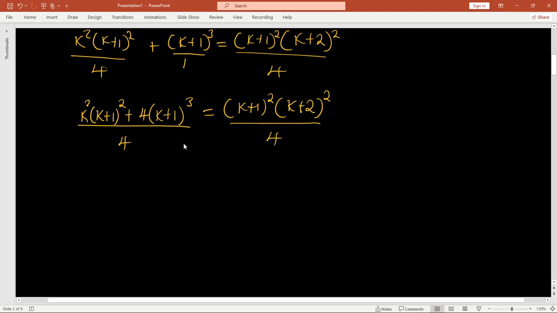Now, if you look at the terms that we have on the left hand side, you notice that we have (k plus 1) squared common. Here we have (k plus 1) to the power 3, and on this side we have (k plus 1) to the power 2. So (k plus 1) squared is common to the two terms, and I can just factor it out. So we're going to have (k plus 1) squared.